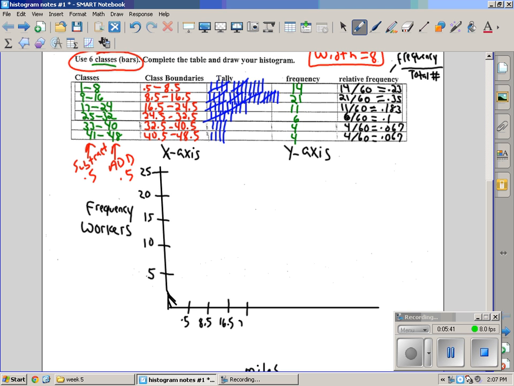And we have to go to 24.5, 32.5, 40.5, and finally 48.5.